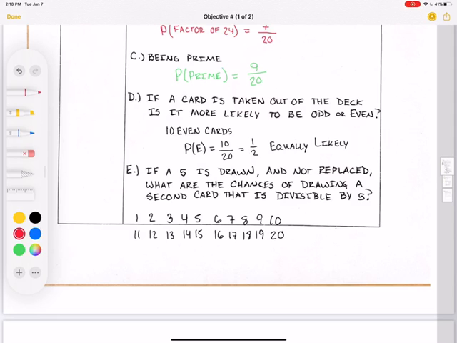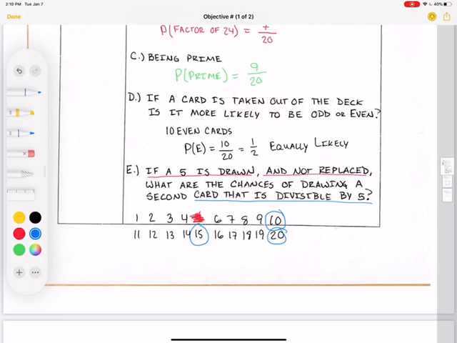Okay, numbers that are divisible by 5. First off, it says if a 5 is drawn, so that means we got rid of 5. And not replaced, again, we took the 5 out, we're not bringing it back. What is the chance of drawing a second card that is divisible by 5? Things that you can divide by 5: 10, 15, and 20.